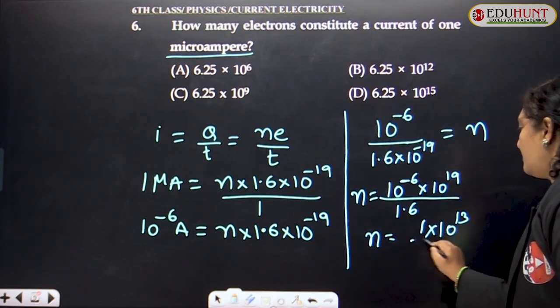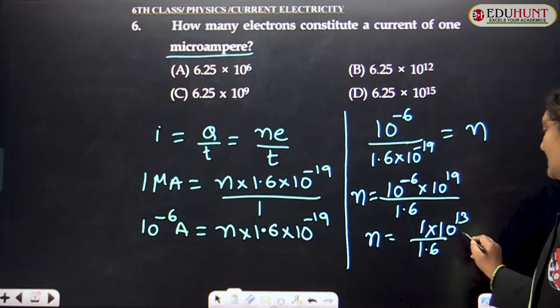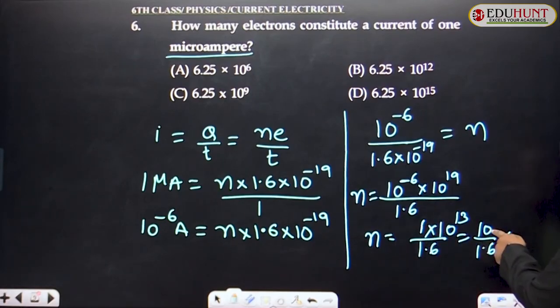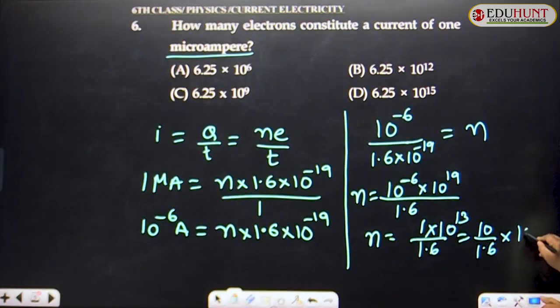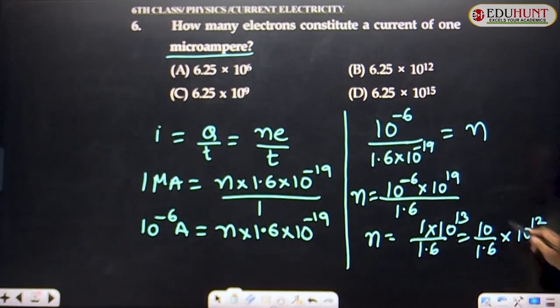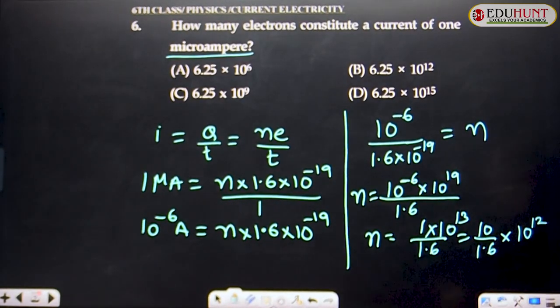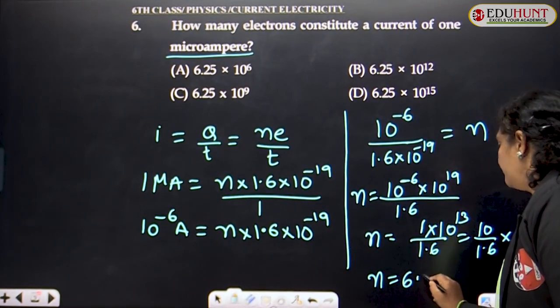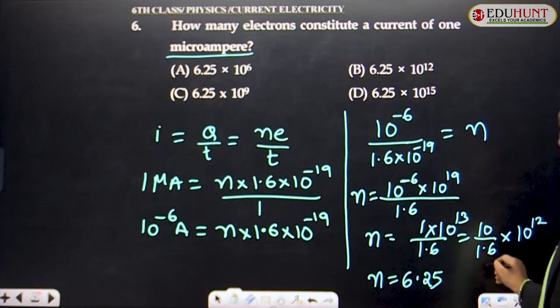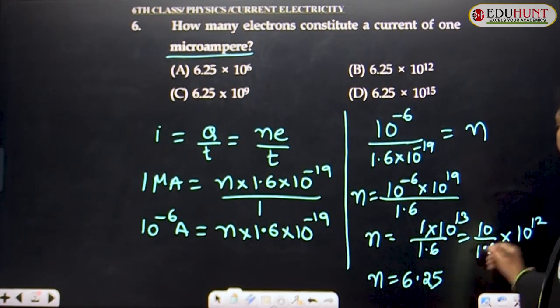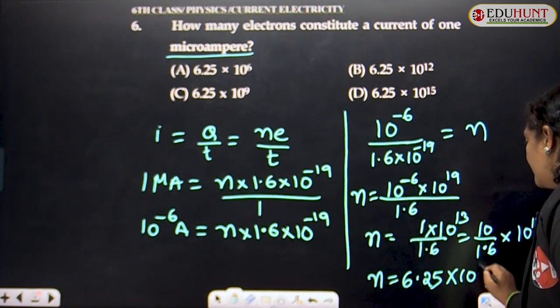So 1 into 10 power 13 upon 1.6 can be written as 10 upon 1.6 into 10 power 12. I made this 1 into 10, so I have to reduce the power by 1, that is 10 power 12. What is the value of 10 upon 1.6, children? If you divide 10 upon 1.6, you get approximately 6.25 into 10 power 12.